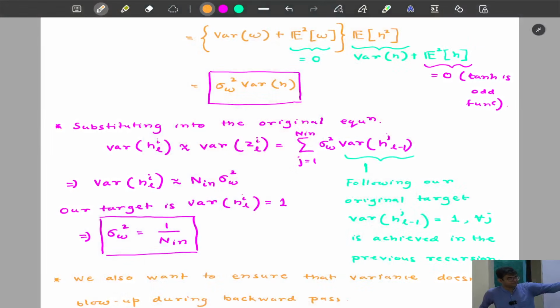Why do we have our target variance as 1? Is it because we want the output to have less variance? No. Think about it. Your variance is coming in this form, which I said to be equal to 1. Now imagine a neural network that has, let's say, 150 layers.